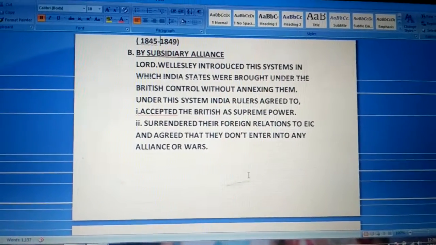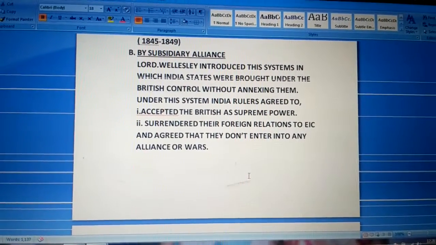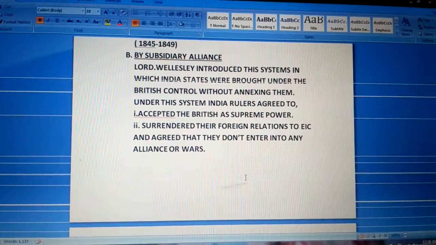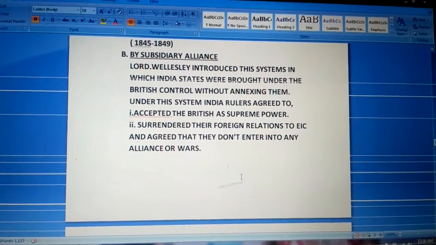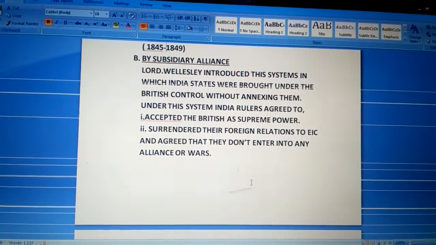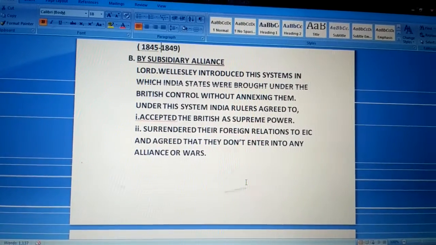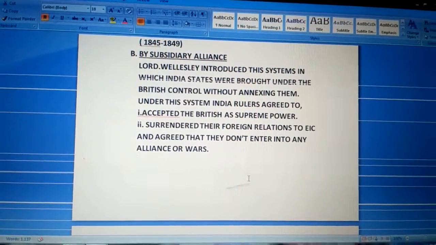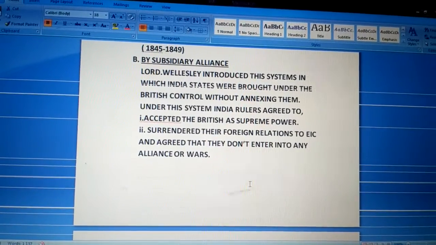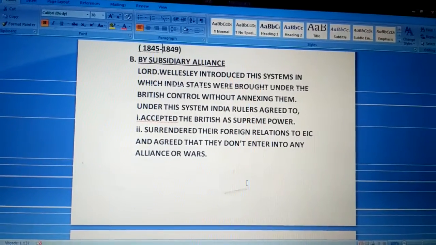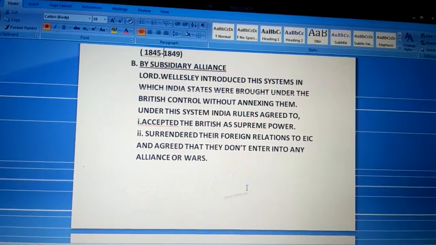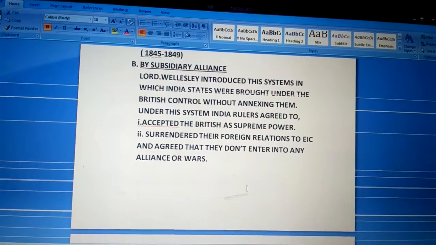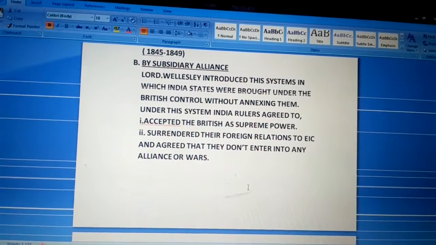In this system, Indian states were brought under British control without annexing them. Under this system, Indian rulers agreed to what? It means that no battle or annexation would happen.